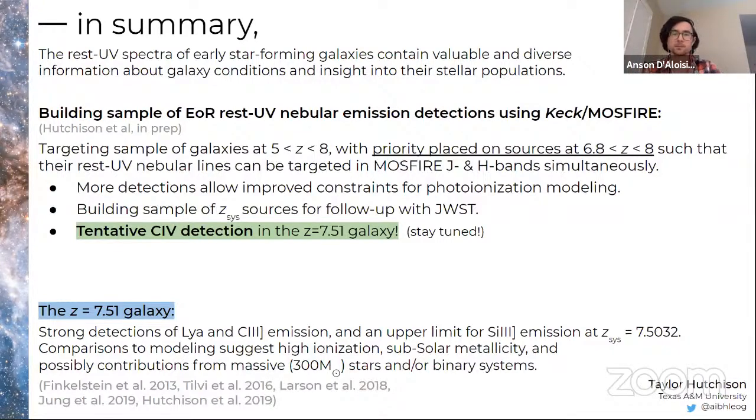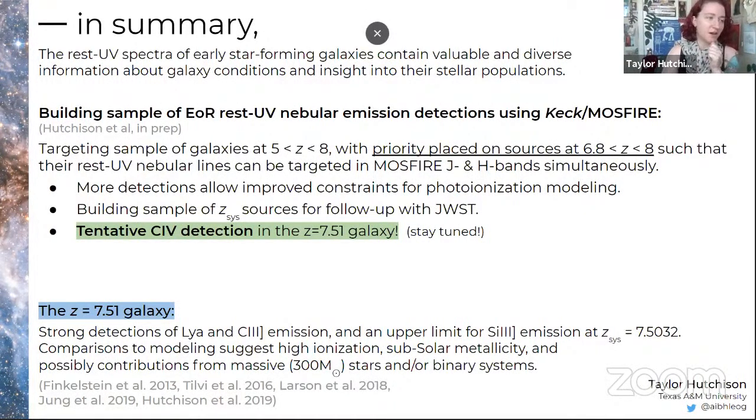That's a great question. I don't have a plot with them on top of each other, but that is a really good suggestion. I will make one that shows that. Lyman-Alpha is very much asymmetric in this galaxy, with a signal to noise of over 10 from the 16-hour MOSFIRE spectrum by Intae Jung. But yeah, no, it's a fantastic question. I will look into that.